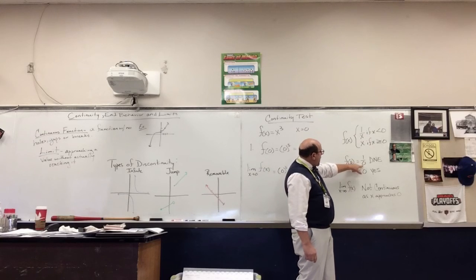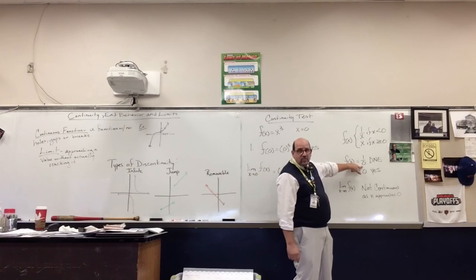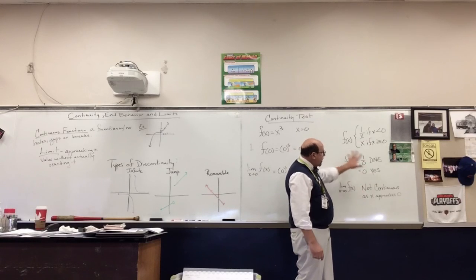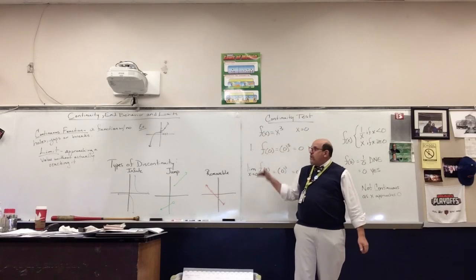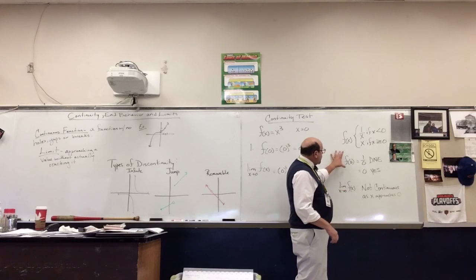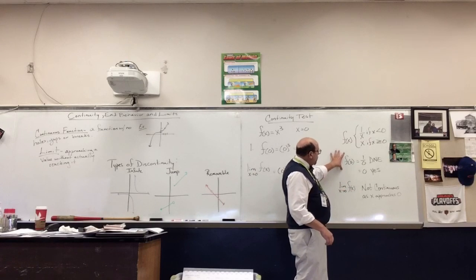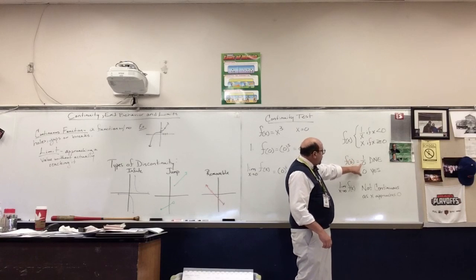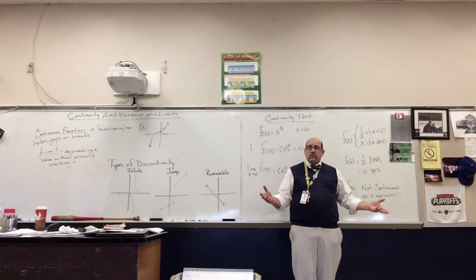And as a matter of fact, it does not exist at 0. And so this is not a continuous function because it has to satisfy both requirements to be a continuous function. So this particular one is not continuous because 1 over 0 does not exist.